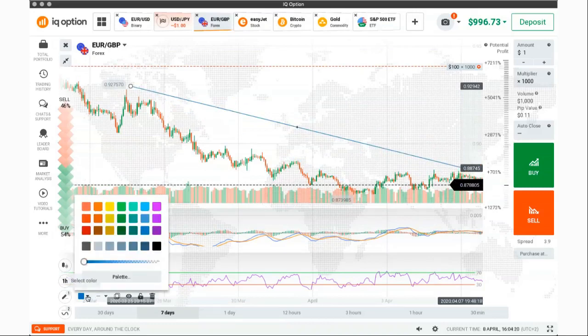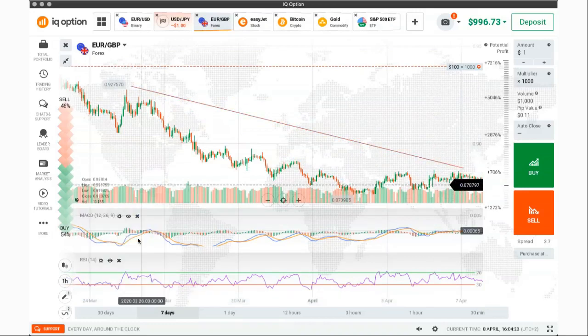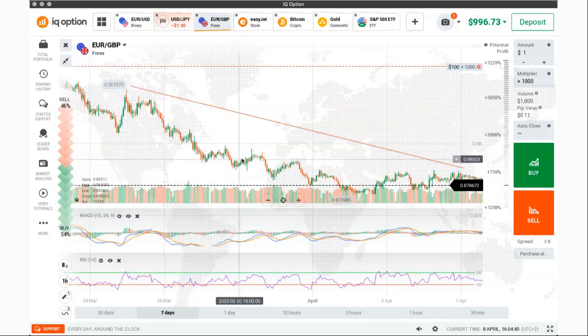Let's not put support resistance just yet. If we did that, I'm going short, so I open my position here. As it's going down, I'm making profit. It comes back up, I'm losing profit. It goes back down, I'm making profit. It comes back up, I'm losing profit. It goes back down. You get the gist. You don't know when to close because it keeps going down.